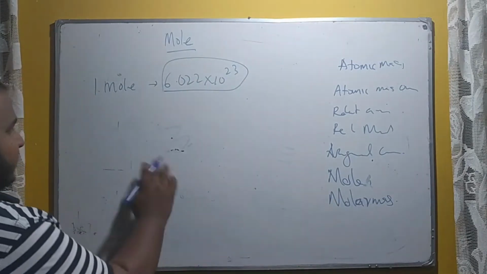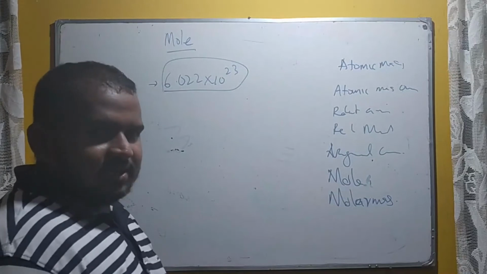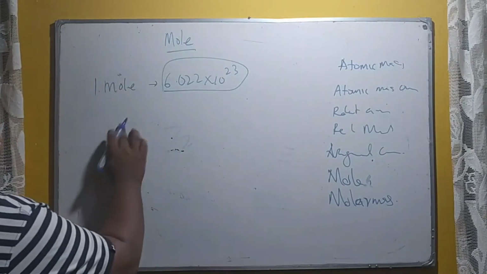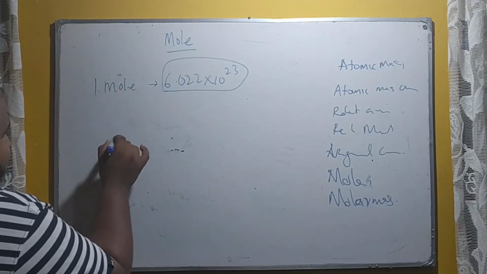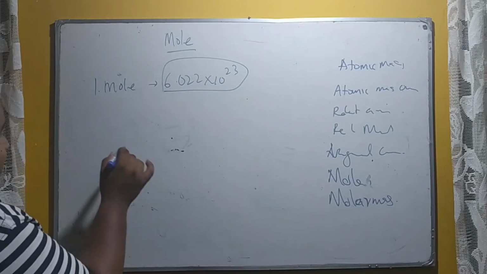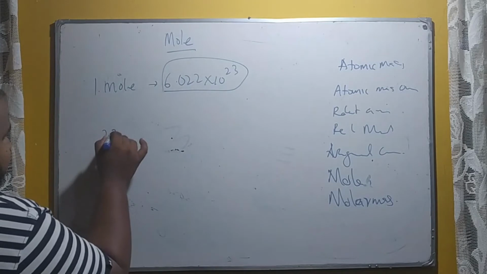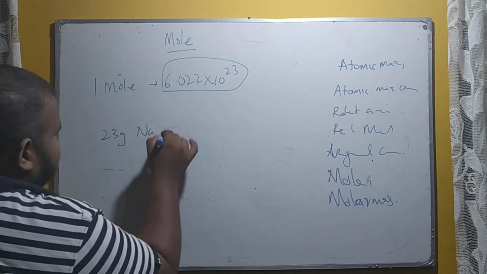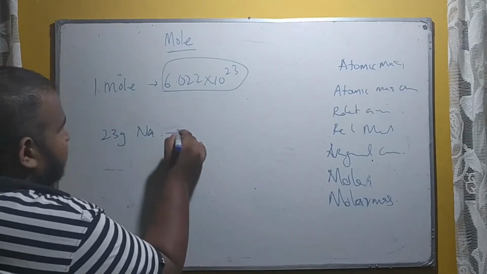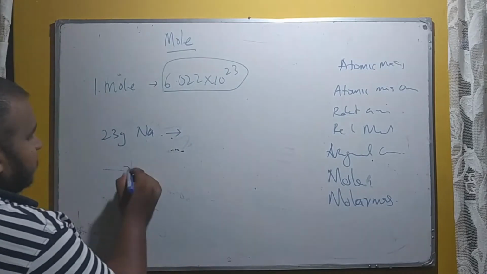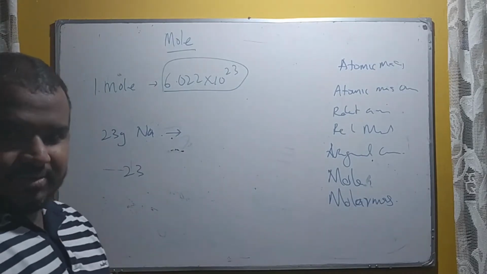For example, we studied in the previous Avogadro constant lecture that 23 grams of sodium, where 23 is the relative atomic mass.